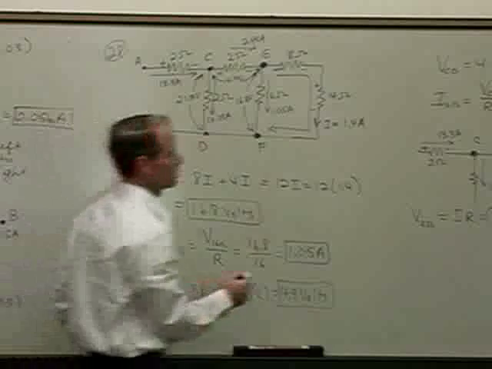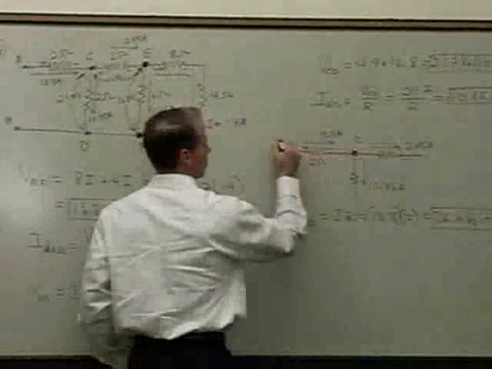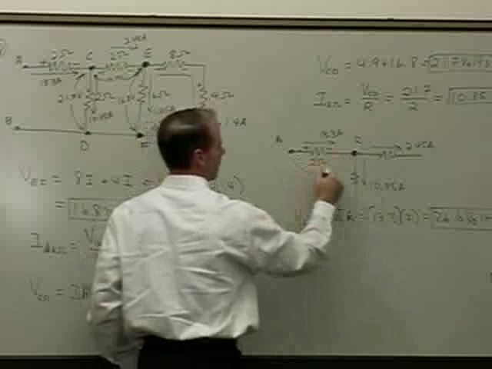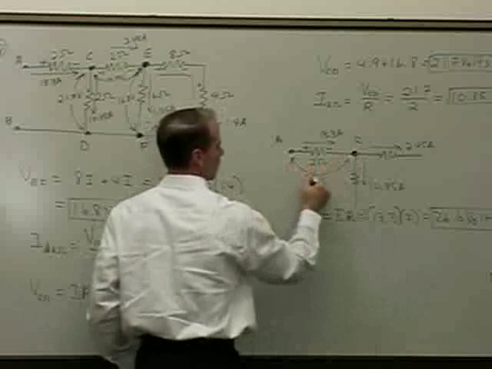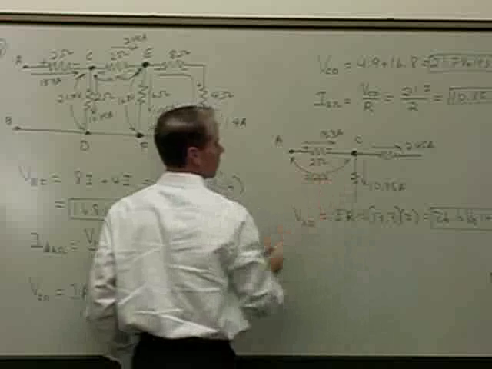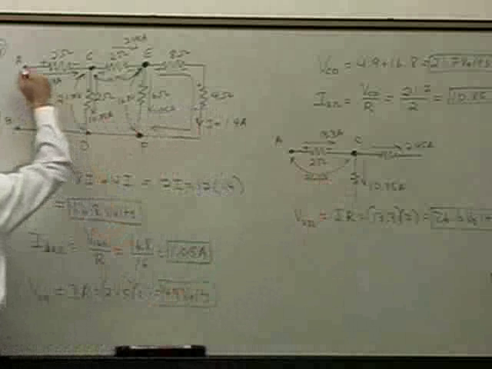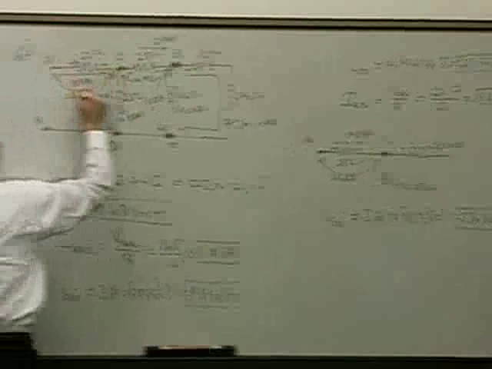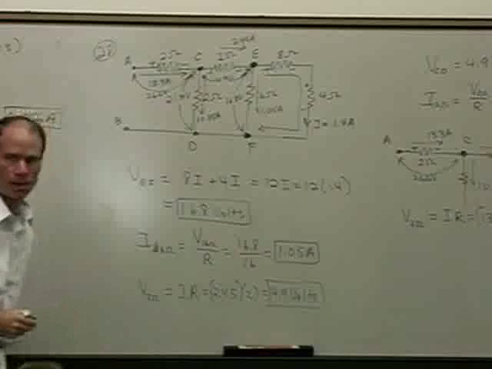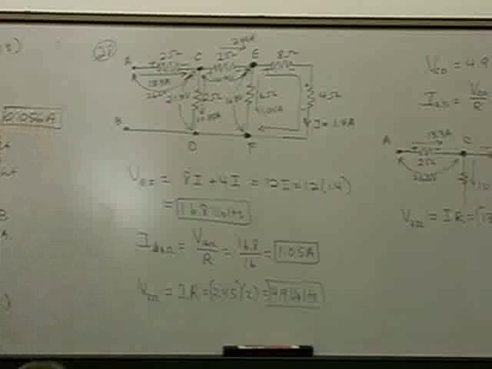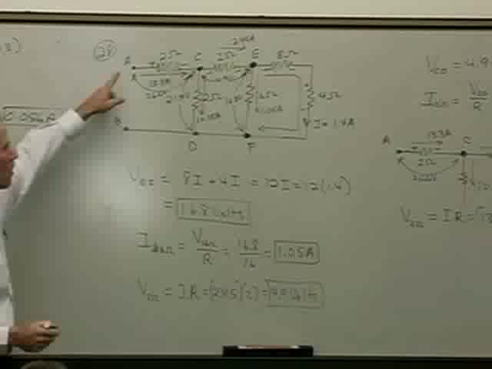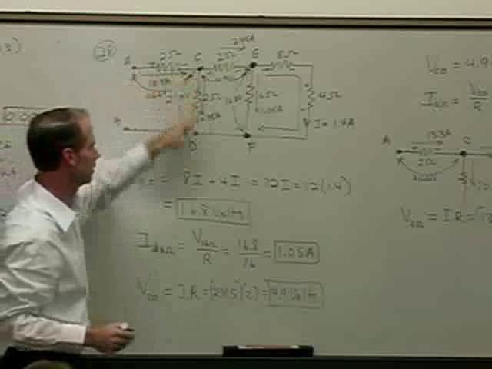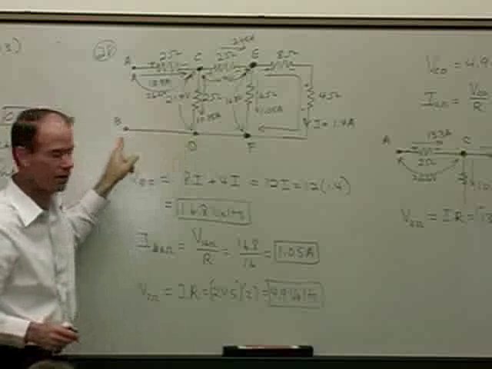So there is 26.6 volts between point A and point C. We want to find the magnitude of the voltage between A and B. So if I were to walk from A to B any way I wish, I'll walk from A to C and then C to D, and then I'll get there.